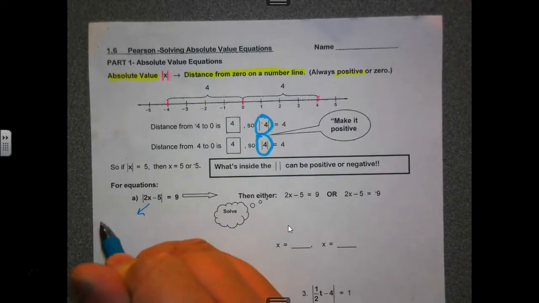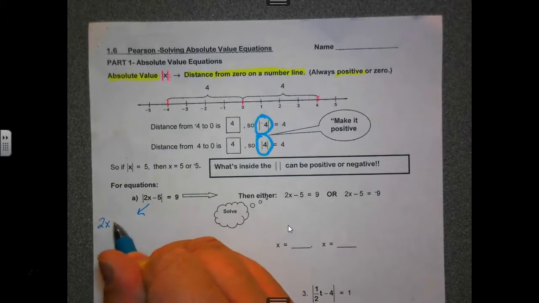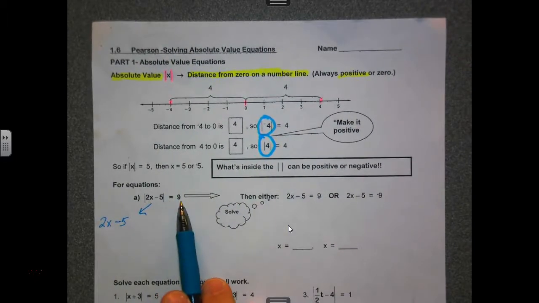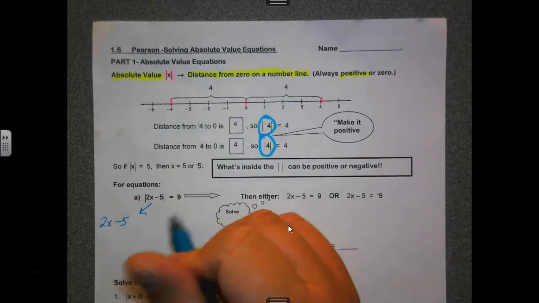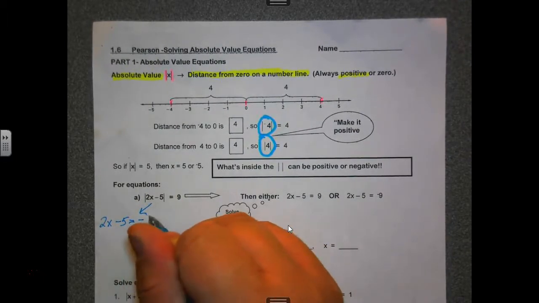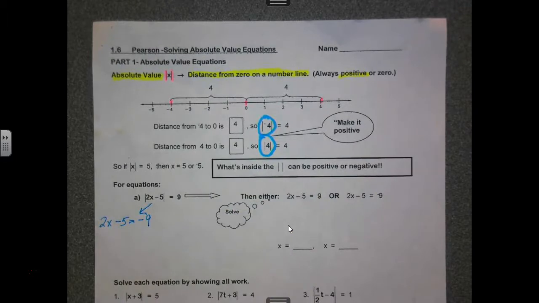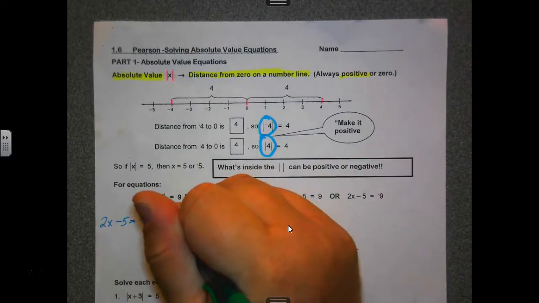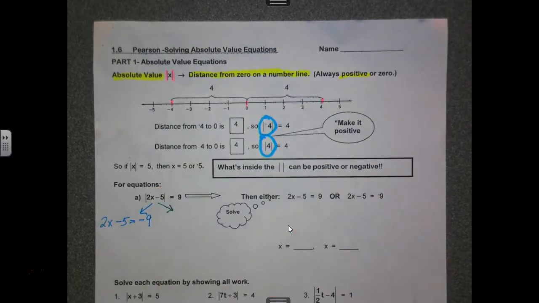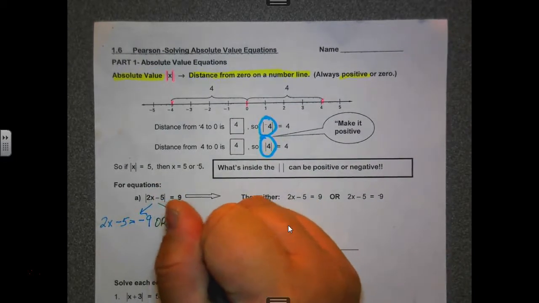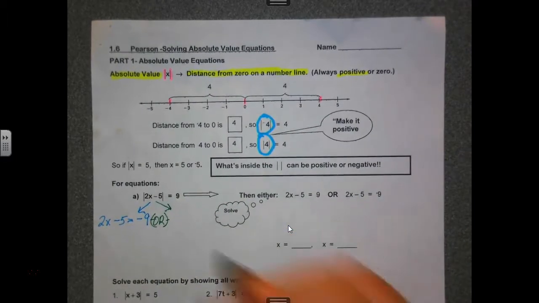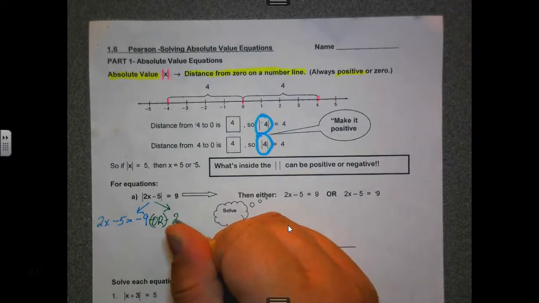So I take what's inside, 2x minus 5, and I set it equal to the opposite of what's there, -9, or take what's inside, and I should put the word or there. I take what's inside and set it equal to what's there.